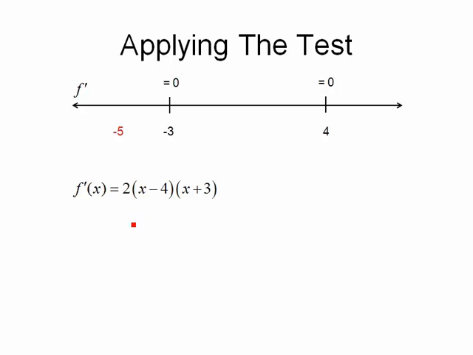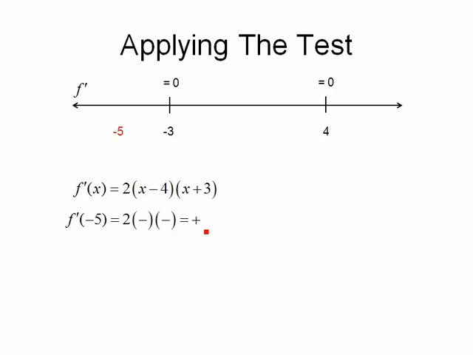So let's start out with -5, and I'm going to put -5 into the derivative. The first factor here is -5 subtract 4, that's negative. The second factor is -5 plus 3, that's also negative. So 2 times a negative times a negative is going to give me a positive.